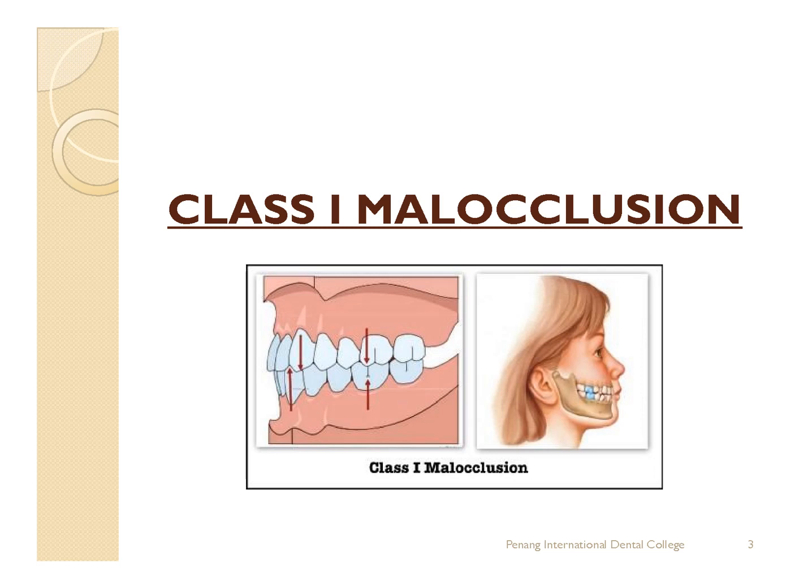So all of you know by now what is a class 1 malocclusion. So I give it a minute for you to re-examine what you already know, right? Okay, so moving on.